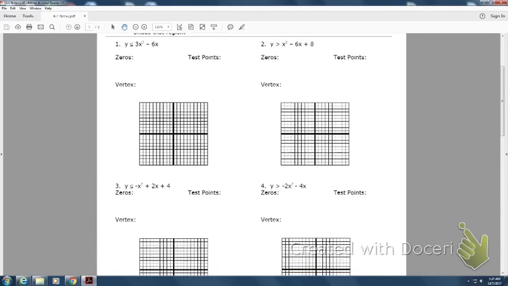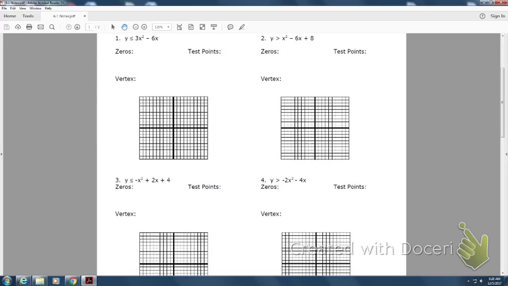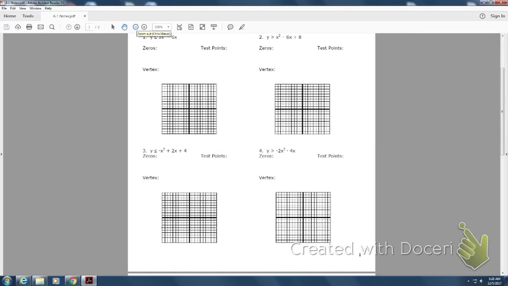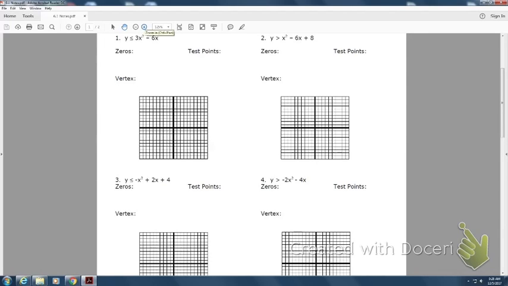So first thing we need to do is factor it. So again, what is the first thing I need to do if I'm going to factor something? Greatest common factor. Does number 1 have a greatest common factor? Yes. I'm going to zoom in more.